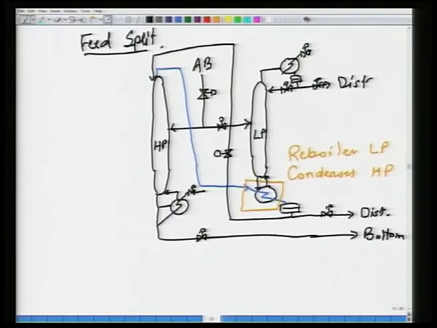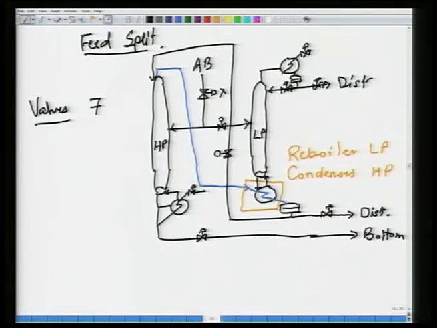Total number of valves, 1, 2, 3, 4, 5, 6, 7, 8, because the feed is not counted, total number of valves is 7, not counting the total feed into the system. Okay. How many levels do I have to control? One level here, one level here and one level here.